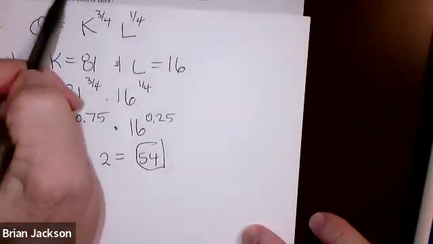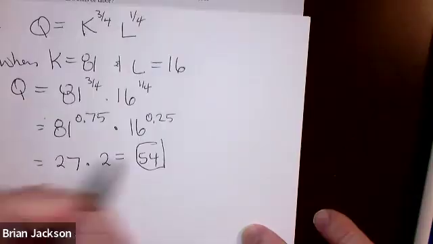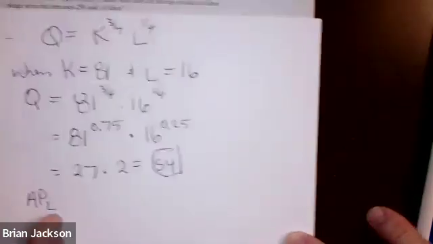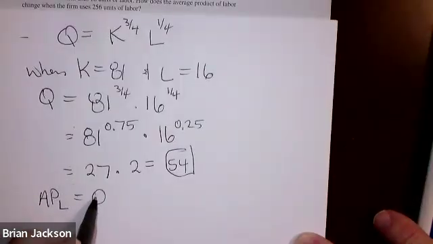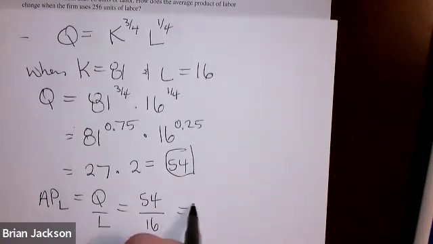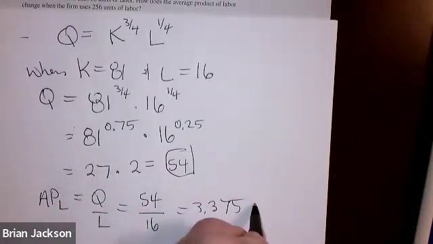Now calculate the average product, which is what they want. The average product of labor is Q divided by L. Remember that? So we take 54 divided by 16, and you get 3.375.